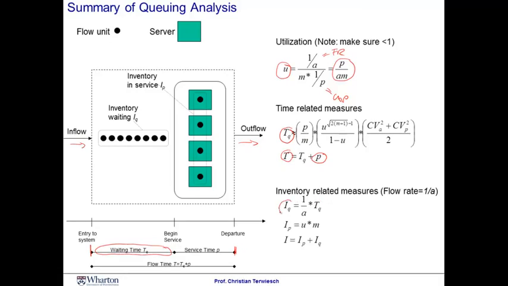The inventory in the queue is the flow rate through the queue times the time in the queue. Notice that the inventory that is currently in process, meaning the number of patients that currently see the doctor, can be computed as the utilization times the number of servers. Finally, I can compute the total inventory as the inventory in the waiting room plus the inventory with the servers.